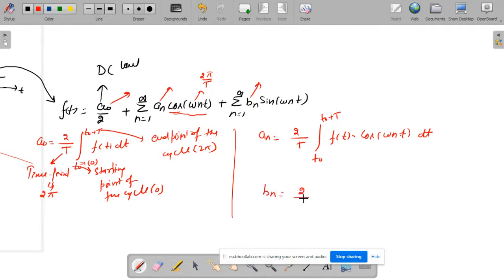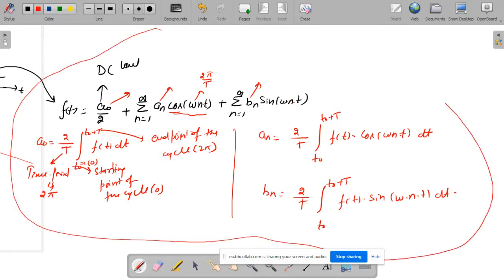And in the same way, what is b_n? 2 divided by T, integral from t naught to t naught plus T of f(t), with b_n sin is there, so you have to write sin(n omega t) dt. So these variables a naught, a_n, and b_n, this complete thing, you can say this is the Fourier series.